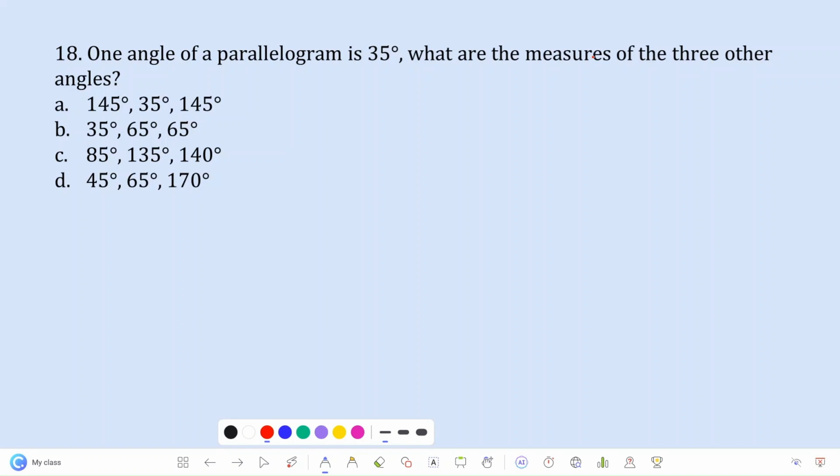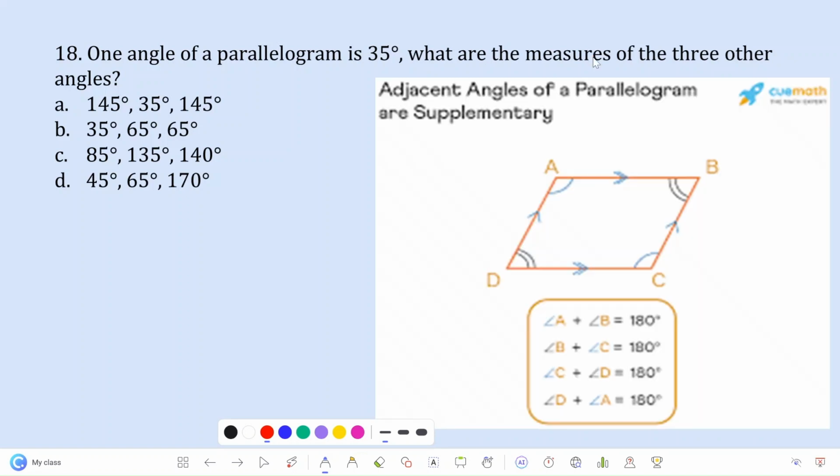Bago tayo pumunta sa solution natin, let us recall ang mga properties ng parallelogram. One of the properties of a parallelogram states that adjacent angles of a parallelogram are supplementary. Ibig pong sabihin, ang magkasunod na angles ng parallelogram, kapag pinag-add mo sila, ang total is equal to 180 degrees.